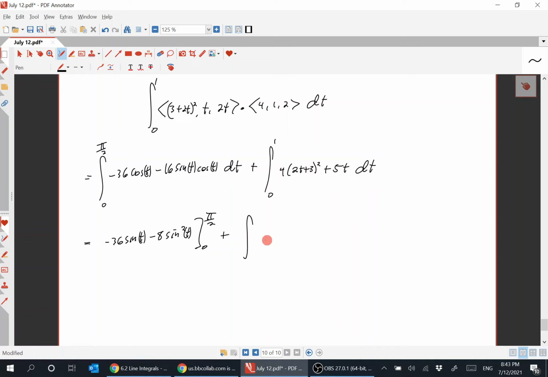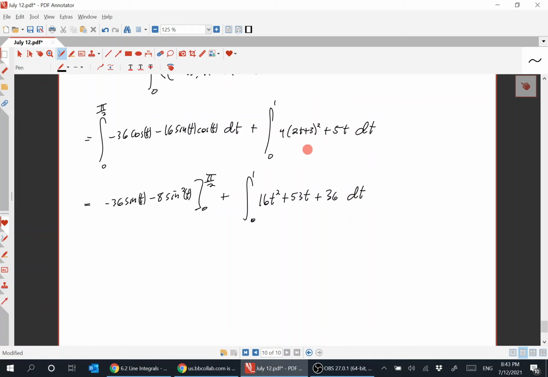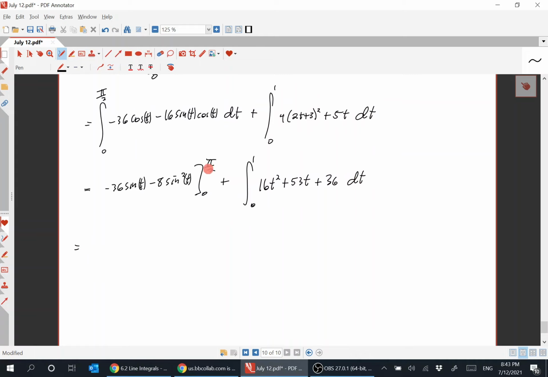So that's 4t squared, so 16t squared, 6 times 2 is 12 times 4 plus 48t. 48 plus 5 is 53t. Plus 9 times 4 is 36. So at pi over 2, you have minus 36 and minus 8. Those are both 1. And then at 0, they're both 0.